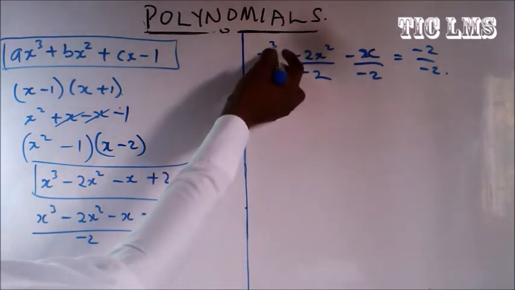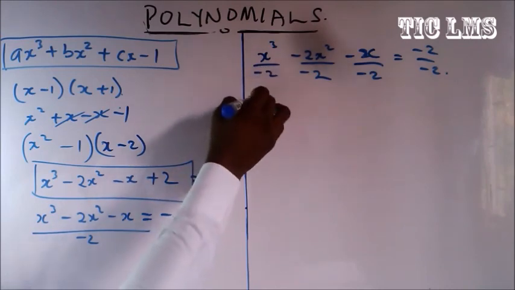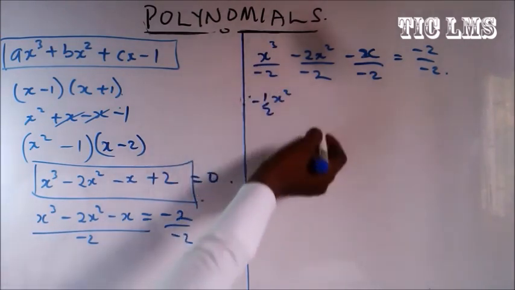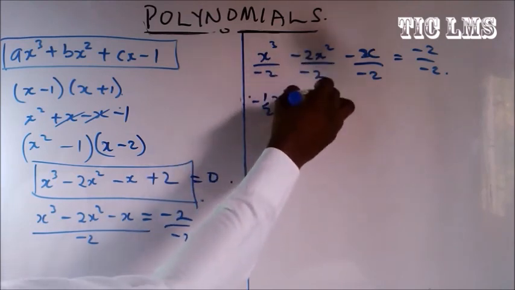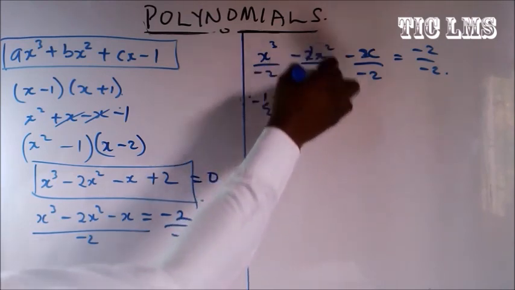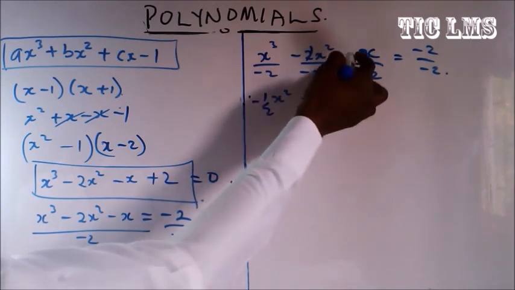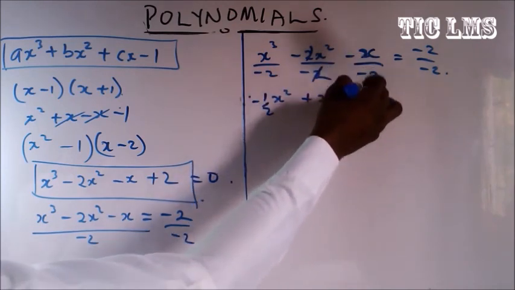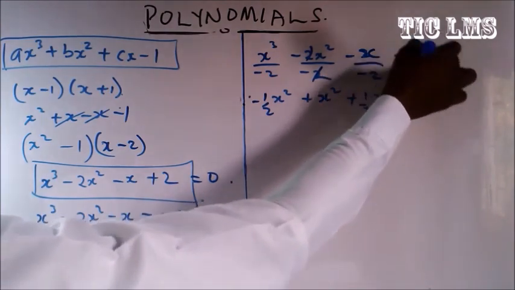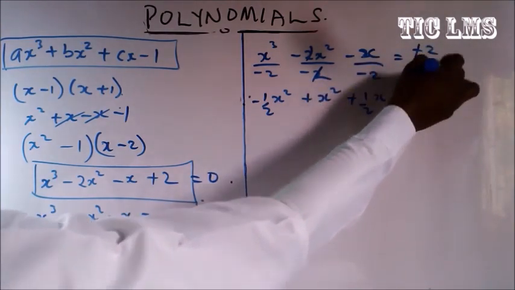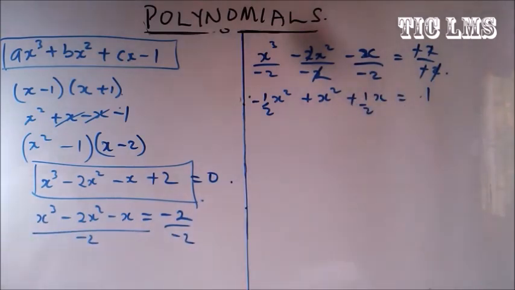Next, x raised to the power 3 divided by minus 2 means minus 1 over 2 x squared. Minus divided by minus gives plus, and 2 cancels 2, we are left with x squared. Minus divided by minus gives a plus, and then we have 1 over 2x equal to, minus cancels minus, and 2 cancels 2, we have 1 left.